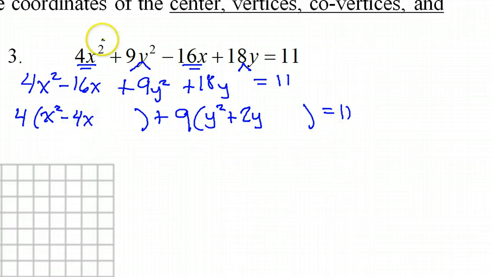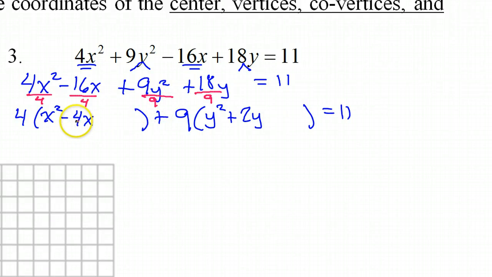Where are these numbers coming from? You can think of it as division if it helps. Once you know that we're pulling out the 4, it's like you're dividing by 4. 16 divided by 4 is 4. Same thing here. Once you see that you're pulling out the 9, you can think of it as dividing by 9. And 18 divided by 9 is 2. Anyway, now we will complete the square.